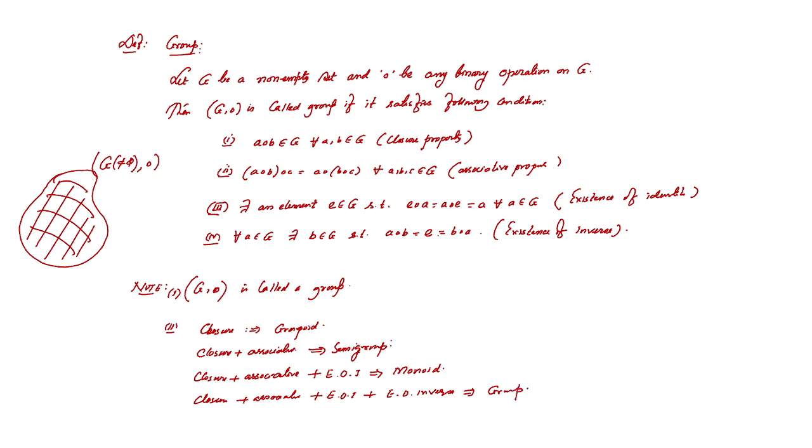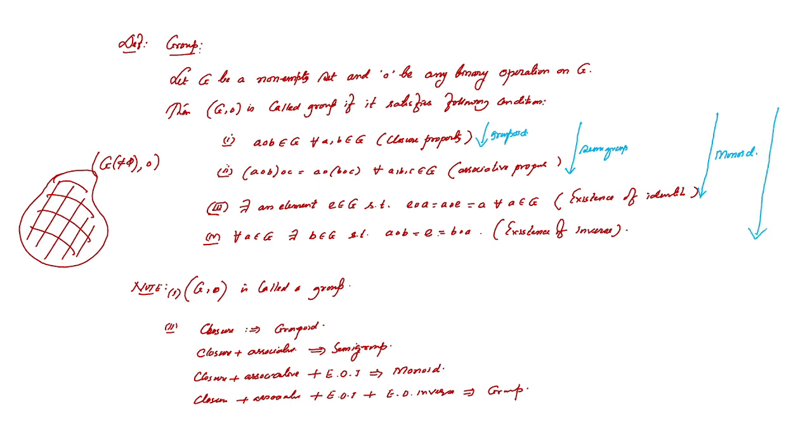So what we said here: if there is only a binary operation and the other properties do not hold, then it is called a groupoid, not a group. If both closure and associative hold, then it is called a semigroup. The first three conditions, that means closure, associative, and existence of identity, come under monoid.